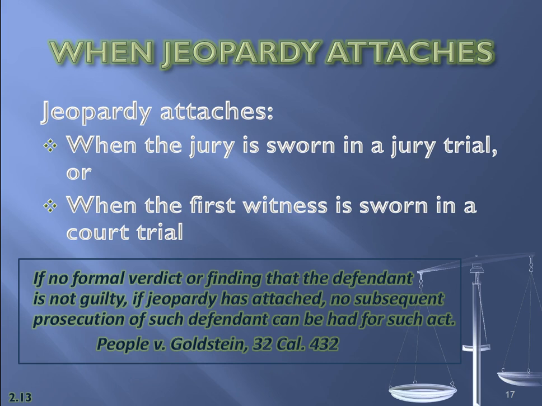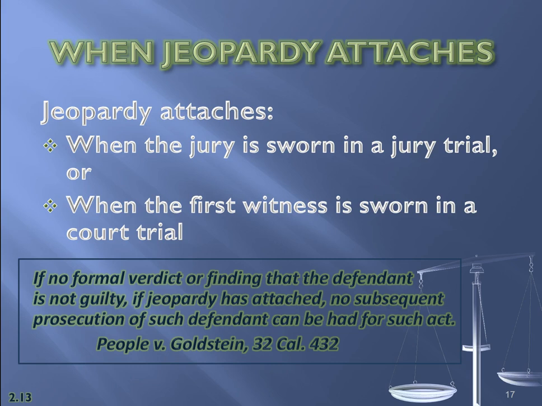So in essence, the jeopardy rule prevents a second prosecution for either the identical offense involved in the first trial or for another offense based on the act constituting the offense charged in the first trial. Does that kind of make sense to everyone? I know it's confusing, but basically we're talking about when jeopardy attaches.